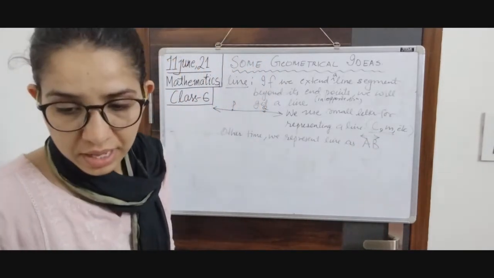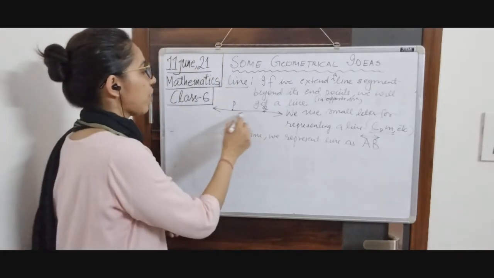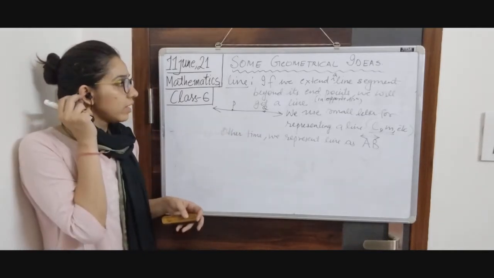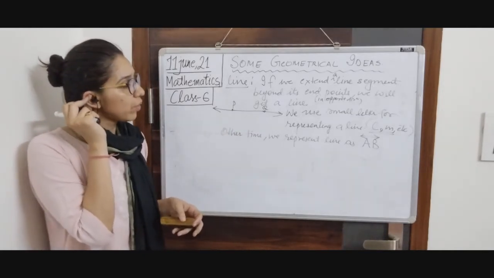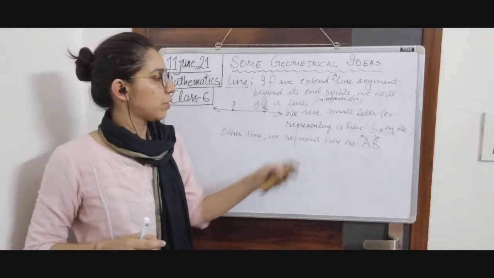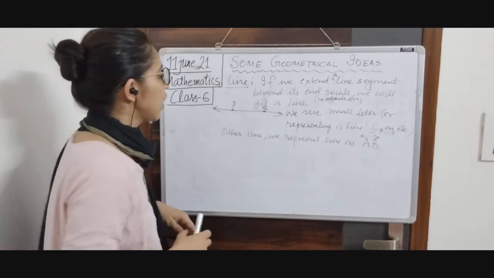This was a line. Line segment has end points, line doesn't have end points. Line has infinite number of points on it. We use small letters for representing a line, and we use capital letters for representing a point.